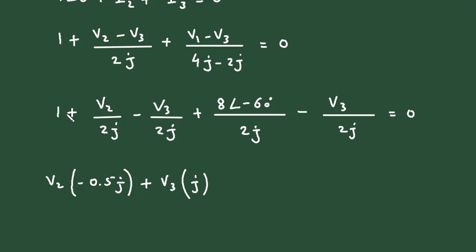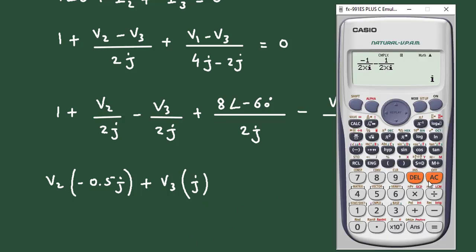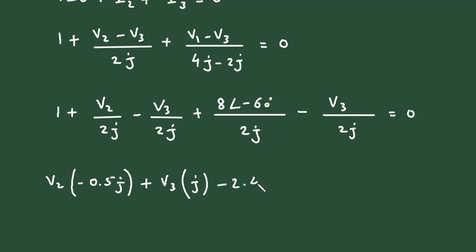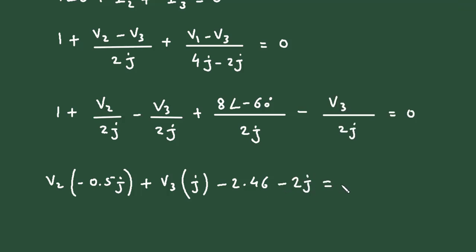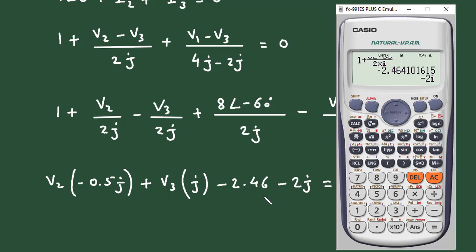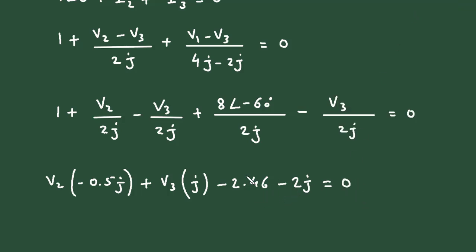Then next this 1 plus 8 at an angle minus 60 degree divided by 2 into j. So minus 2.46 minus 2j is equal to 0.